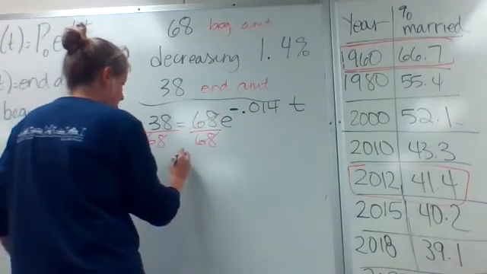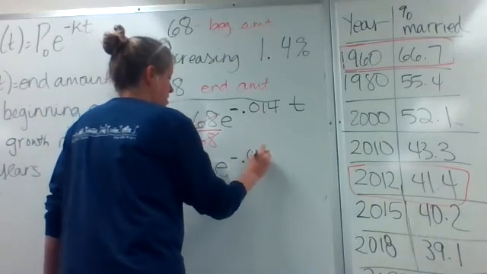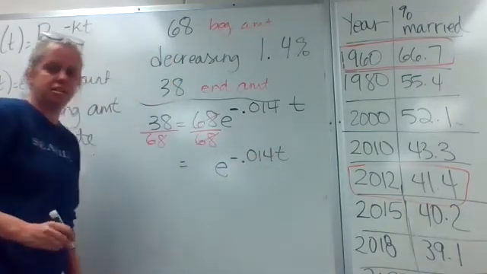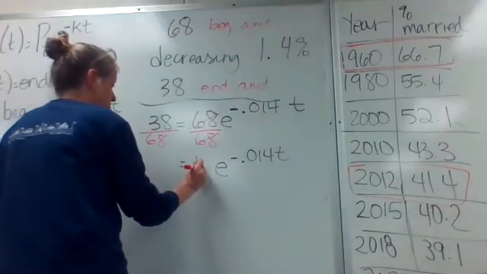Now I have E to the negative 0.014 T. ln both sides.